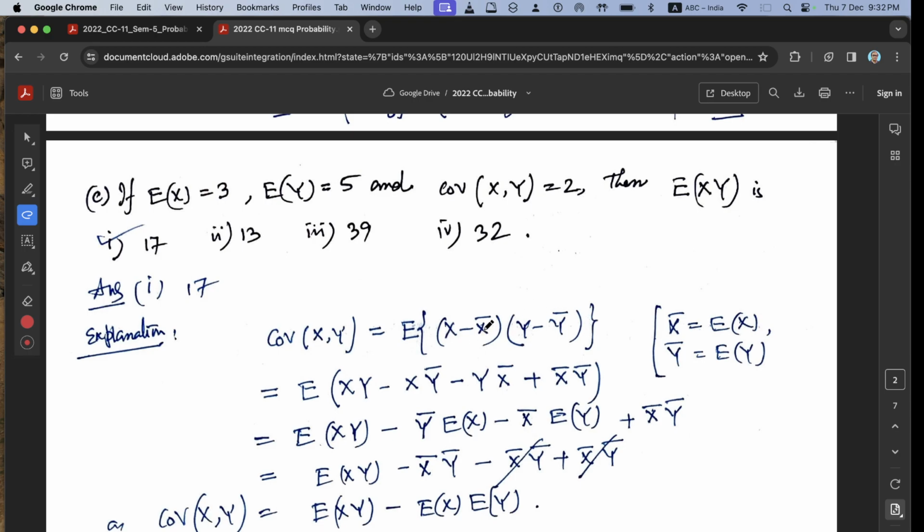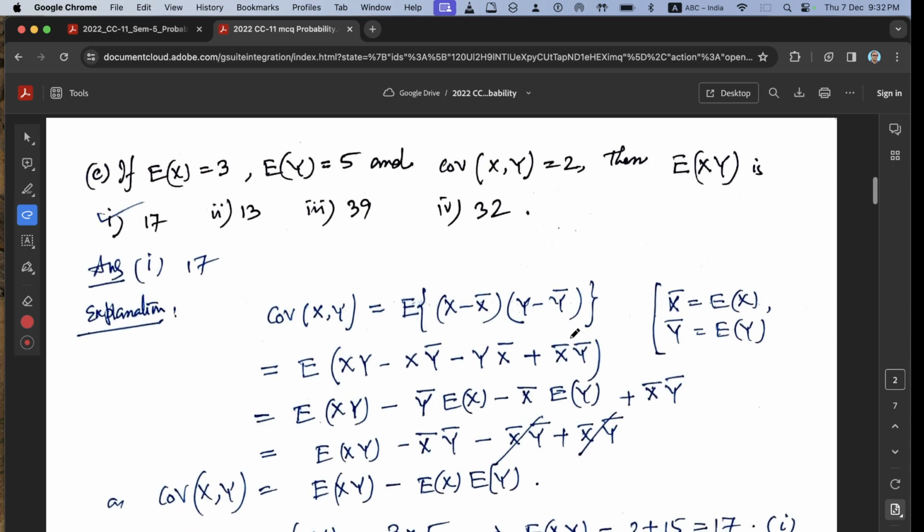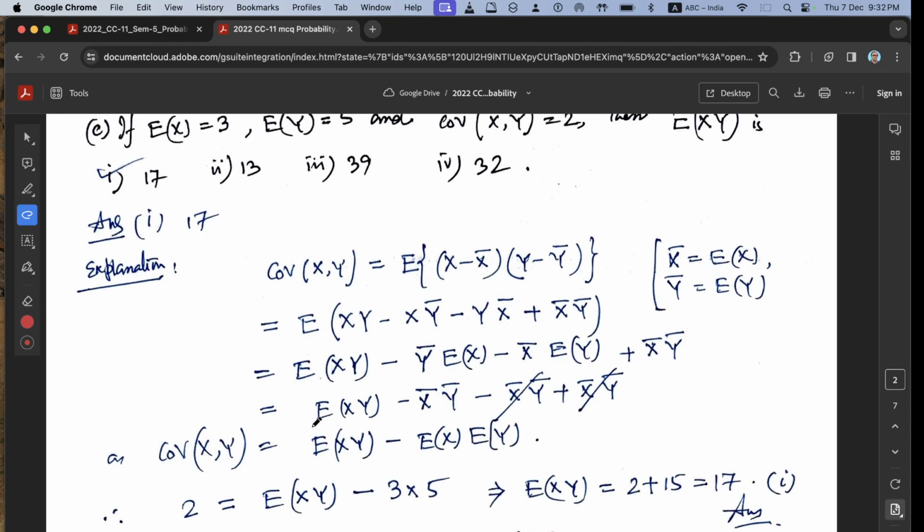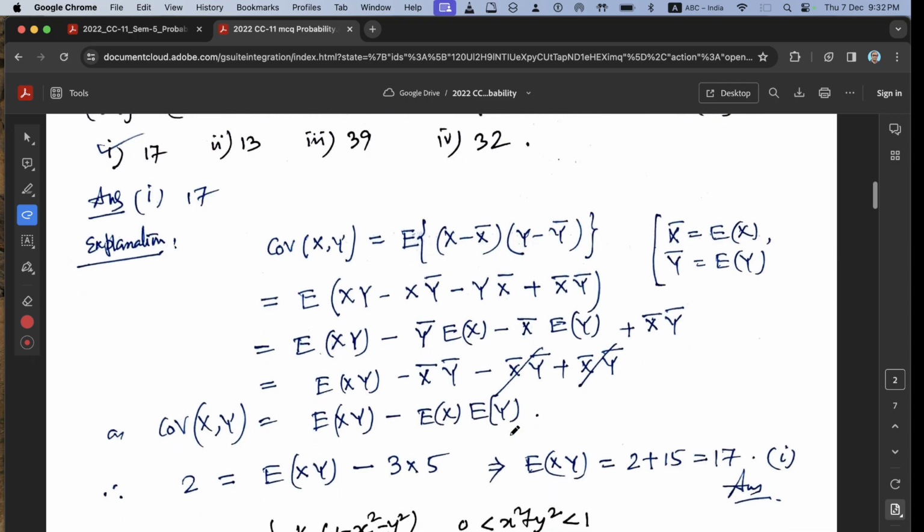Here x bar is the mean of X. You can write mx in place of x bar, and my, the mean of Y, in place of y bar. After simplification, covariance of XY equals expectation of XY minus expectation of X into expectation of Y.